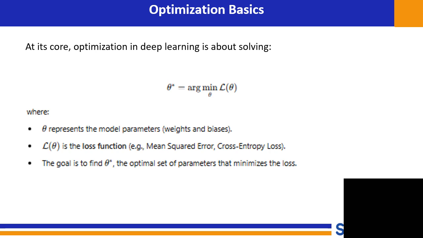At its core, optimization in deep learning is about solving this equation: theta star is equal to argmin of L of theta. Here theta represents the model parameters and L of theta is the loss function. Either it can be a mean squared error or cross entropy loss. The goal is to find theta star, that is the optimal set of parameters that minimize the loss.